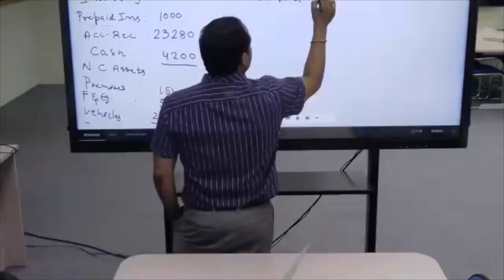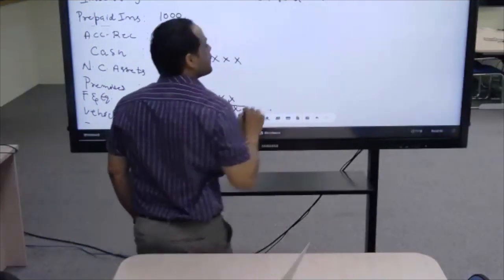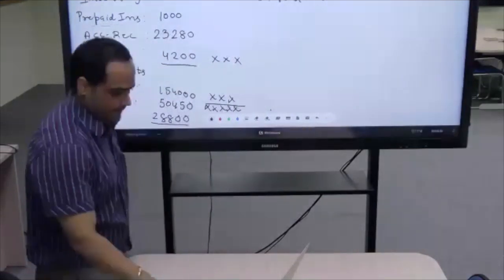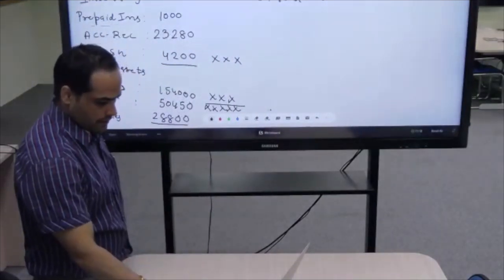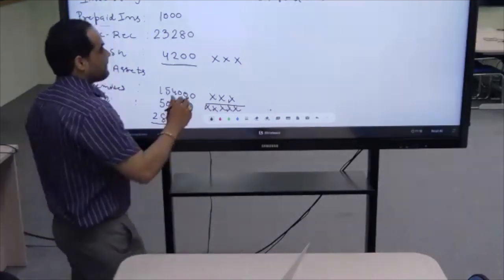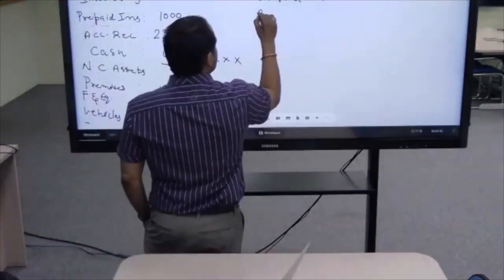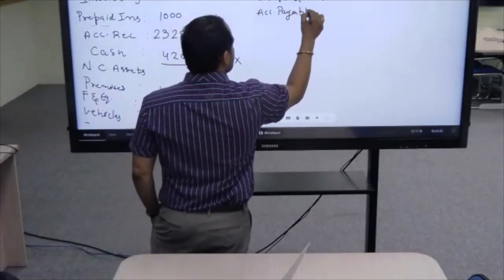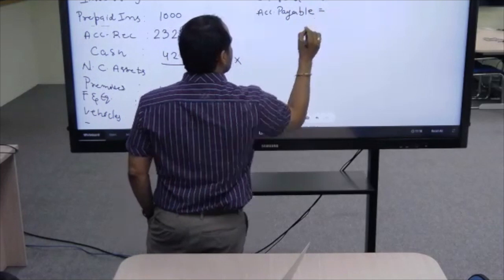First, in total liabilities, we have current liability. What do we have in current liability? Tell me. Start with current liability. Accounts payable. That's right.